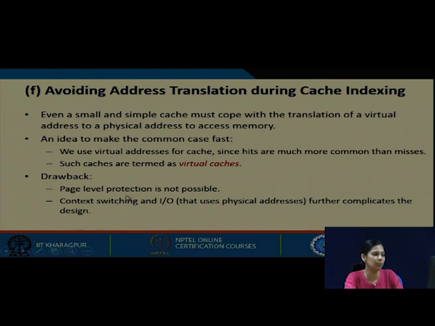So, page level protection is not possible. This is a drawback. And context switch and I/O that uses physical address further complicate the design, because I/O and context switching, that means switching between two processes, are required often. So, that process becomes more complicated.